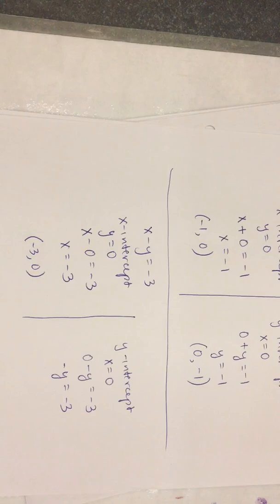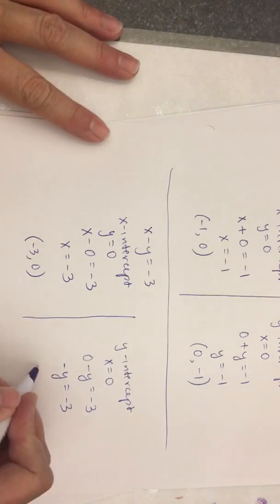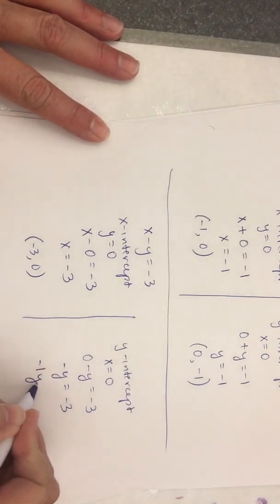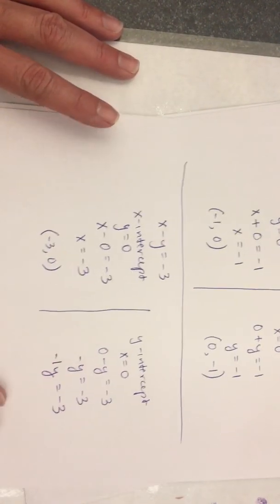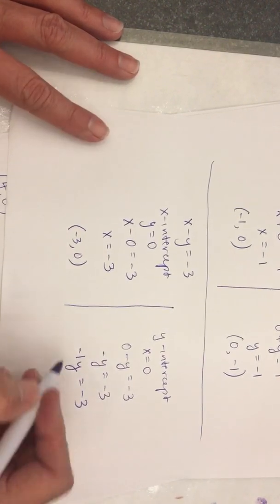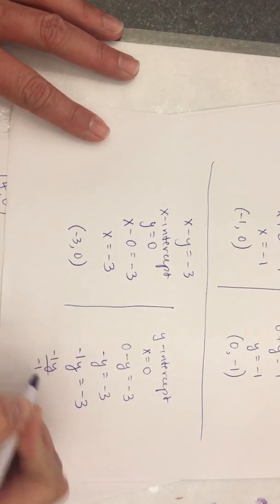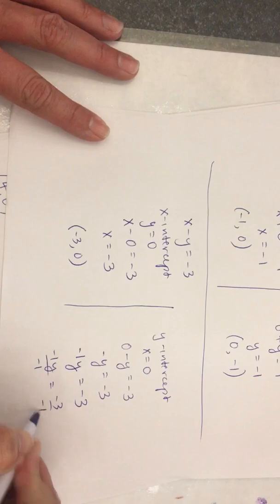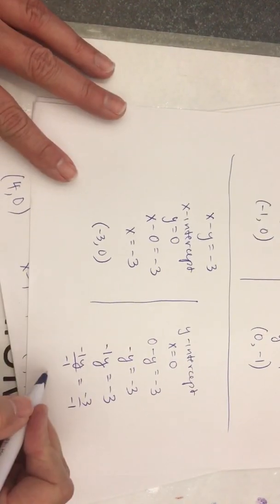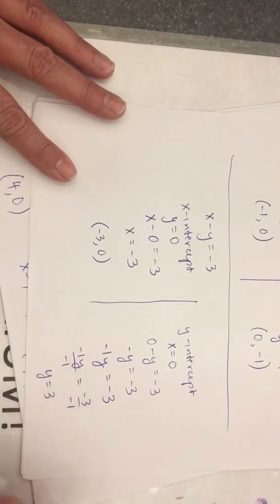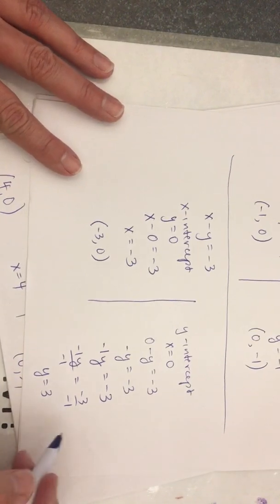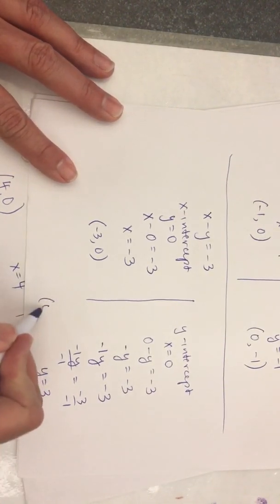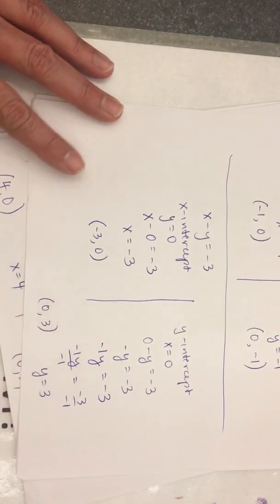But you've got to get rid of the negative in front of the y. -y is the same as -1y equals -3. So you'll hear people say, divide both sides by -1. And I'm going to end up with y equals +3. So the y-intercept on the second line is 0 comma 3.